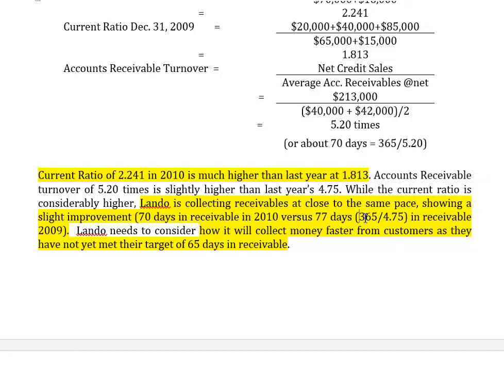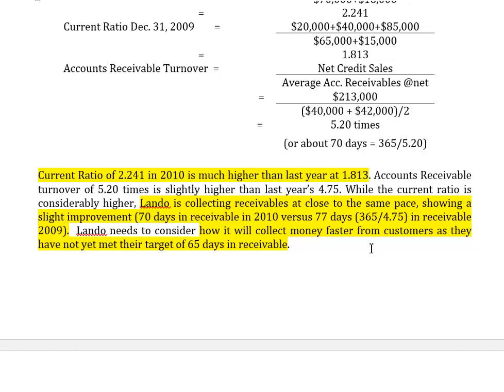I'm doing a calculation here to show you how I got 77 days. When I'm calculating my days' sales that receivables are outstanding, it's 365 divided by my turnover ratio. This turnover ratio was given to you in the question. You didn't need to calculate it. But we can see that my receivables in 2010 are only in receivable 70 days, whereas here 77 days.